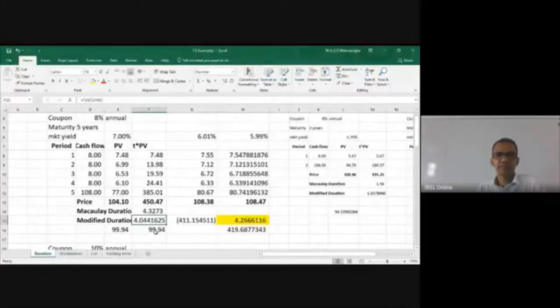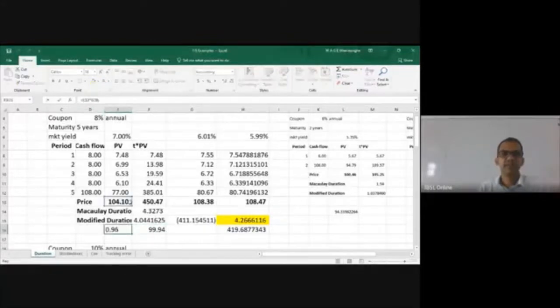So if we expect yield to increase to 8%, and if we use this modified duration to calculate the new price, it would give you 99.89, because how we get it: current price times 1 minus this duration.